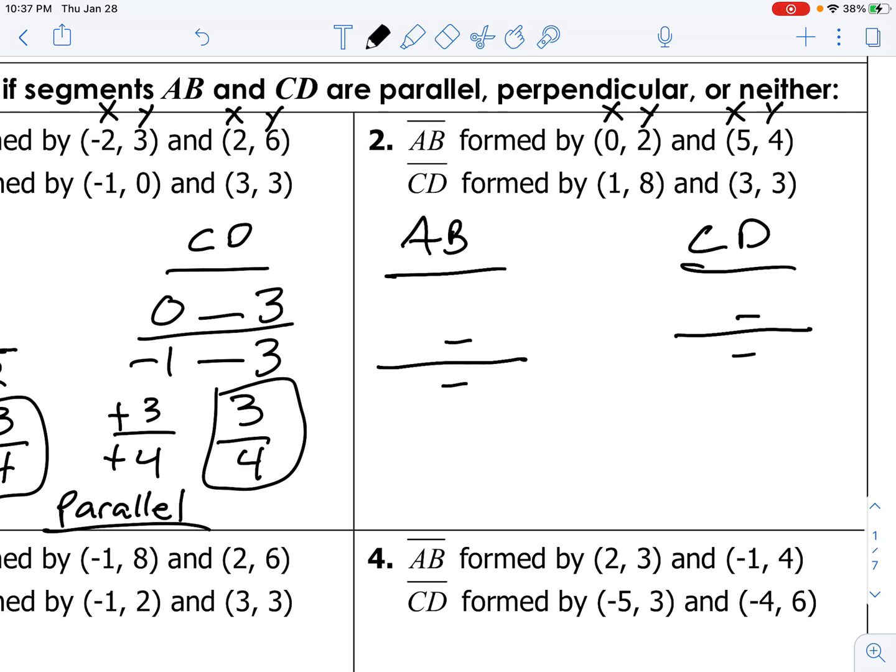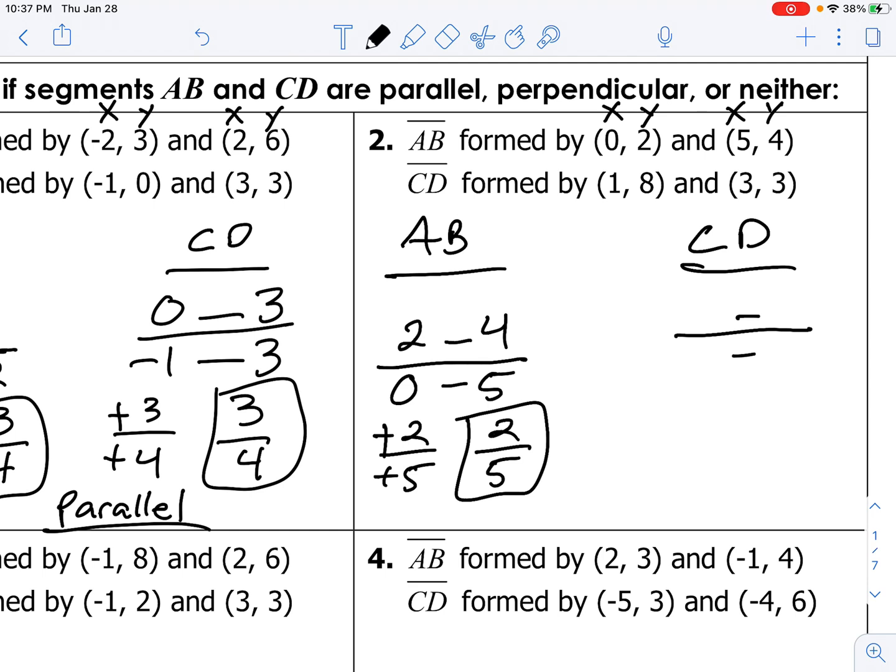Drop the Y's down on top, so 2 and 4. Drop the X's down on bottom, 0 and 5. And then we just do the math. 2 minus 4 is -2. 0 minus 5 is -5. Negative over negative is a positive, so 2 over 5.